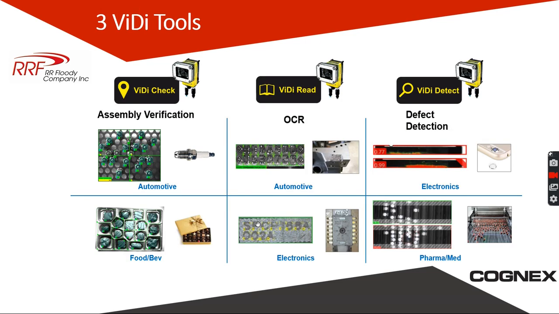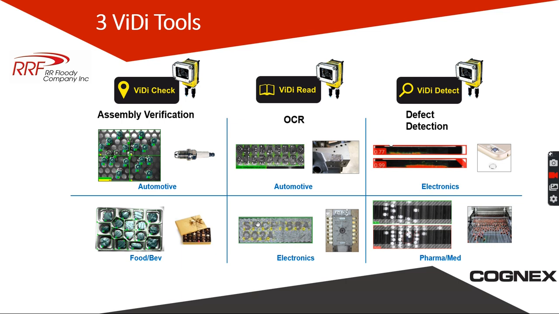So with ViDi, think about it this way, that Cognex has really got 3 new tools. On top of their PatMax and PatMax Redline and Blob tools and all their other great tool selection, we have 3 new ones.